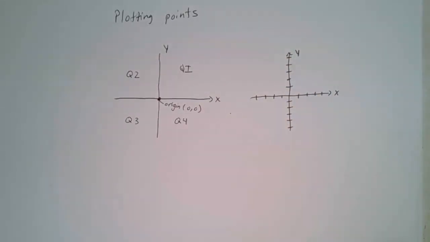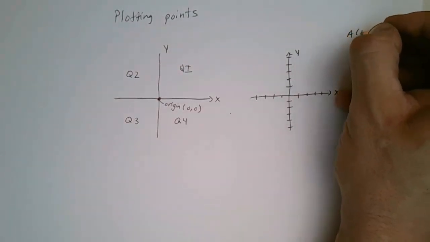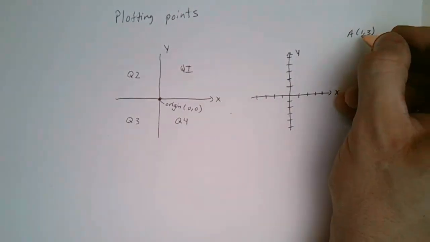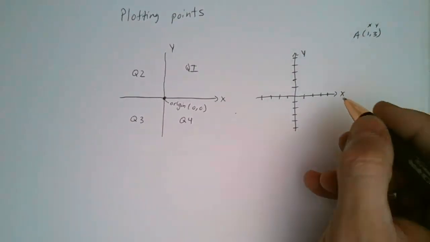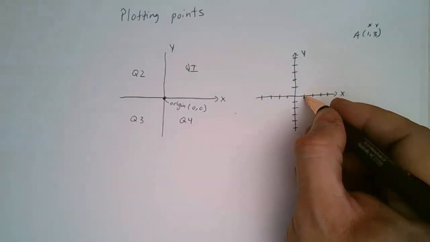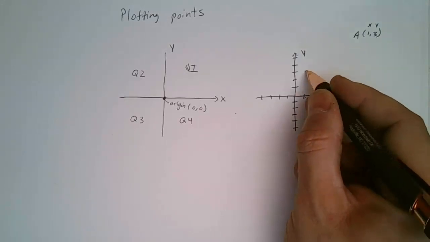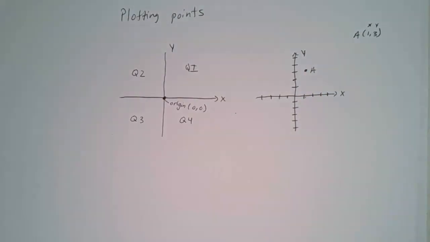If I ask you to plot some points, so I'm going to say A is 1, 3. Everybody should hopefully know that x comes first, y goes second, and we're going to go 1 to the right, that's positive, and then up 1, 2, 3. That is point A.